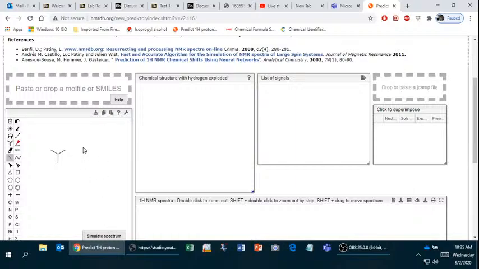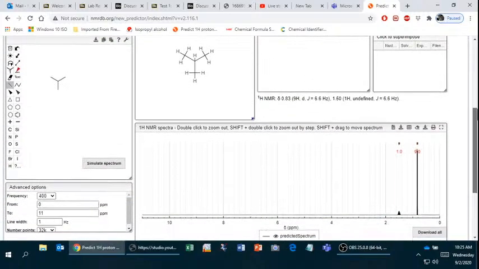So here I've drawn 3 carbons attached to a central carbon, simulate the spectrum, and we'll zoom in here.